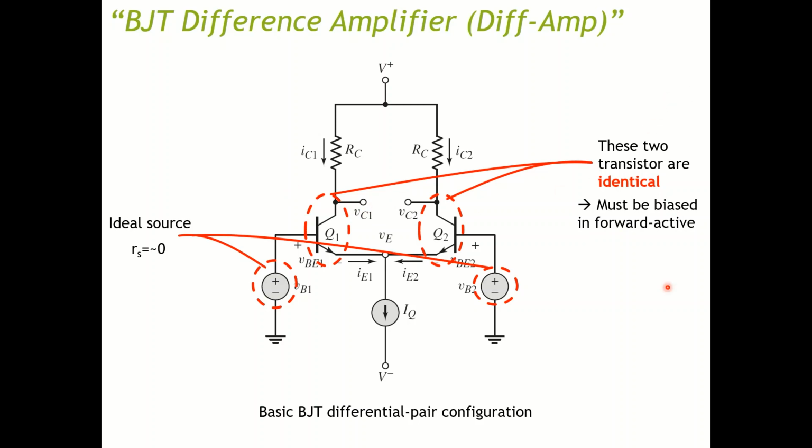But even if they are both 0, Q1 and Q2 are still biased in the active region by the current source IQ, as you can see here. The common emitter voltage VE would be on the order of negative 0.7 volt.